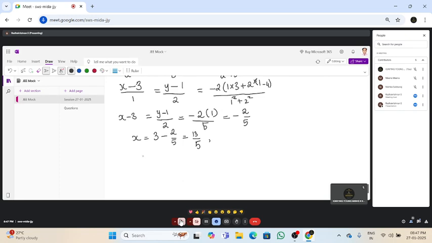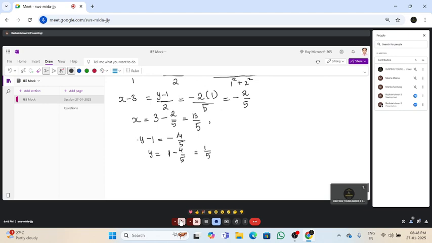Therefore, y minus 1 equal to minus 4 by 5. y equal to 1 minus 4 by 5, which is 5 by 5 minus 4 by 5, which is 1 by 5. So the point B hash is equal to 13 by 5 comma 1 by 5.